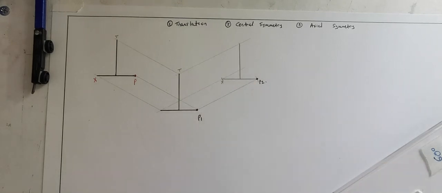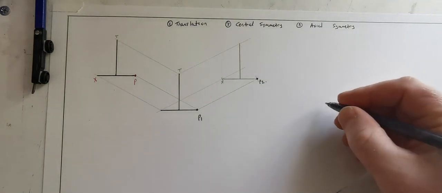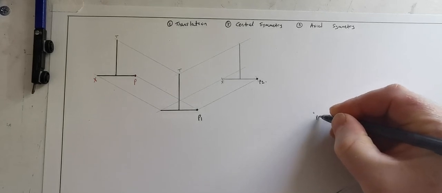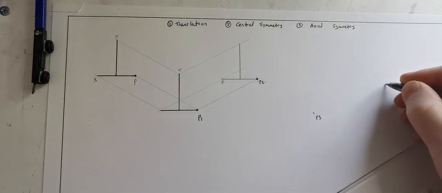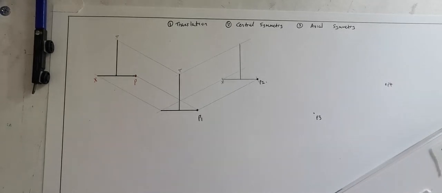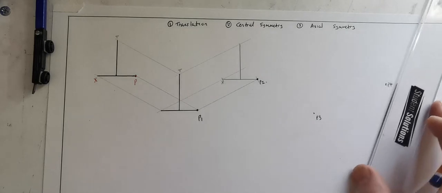So again, after losing my pen now, I'll just pick a P3 and a P4, and I'm going to translate this 2 more times.